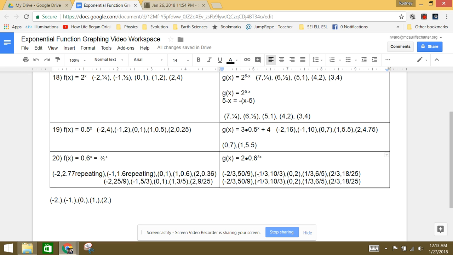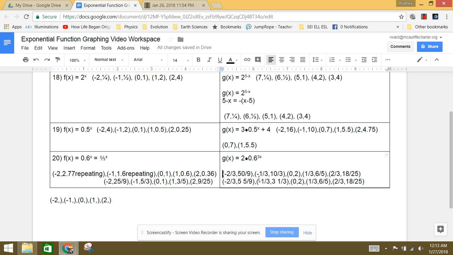I will go ahead and make this into a mixed number, so it's a little easier for plotting. So 50 divided by 9 is going to be 5 and 5/9. 10 divided by 3 is going to be 3 and 1/3. So there you have your points.